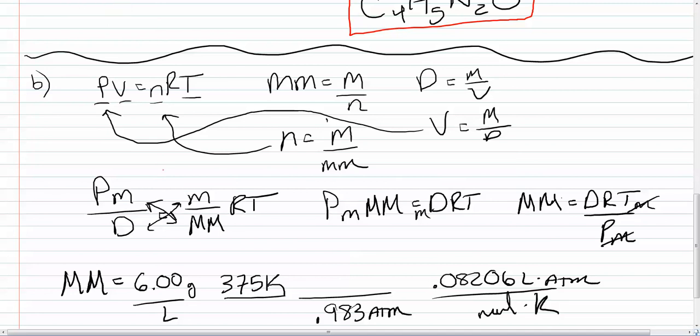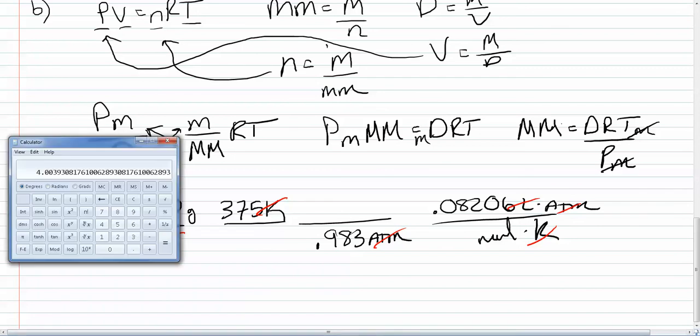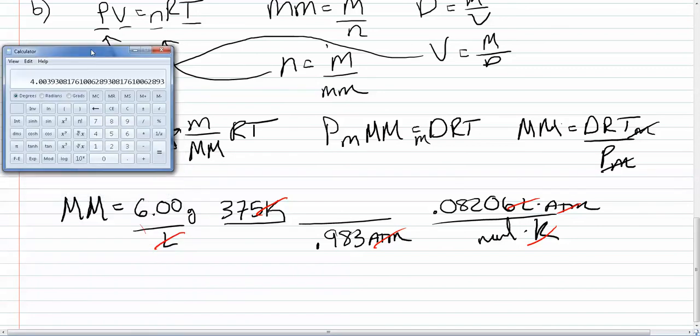Before we waste our time putting anything into the calculator, we're going to check our units. Kelvins go away, atmospheres take off, liters are gone, and we're left with grams per mole, which is great because we're trying to find molar mass. So let's get this punched into our calculator.